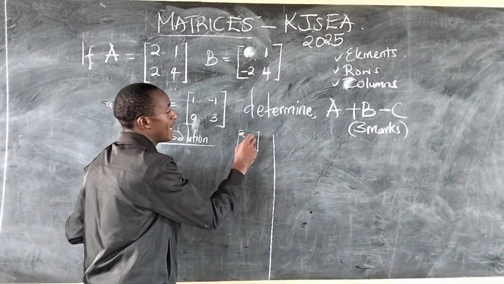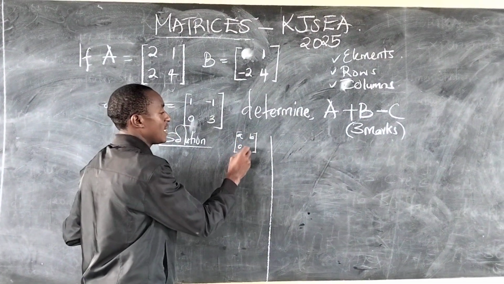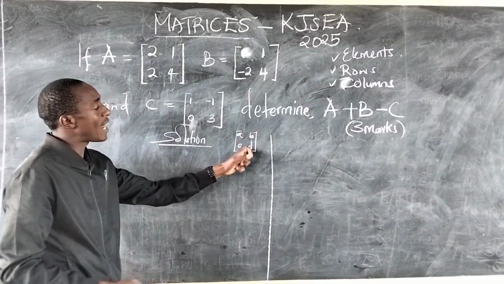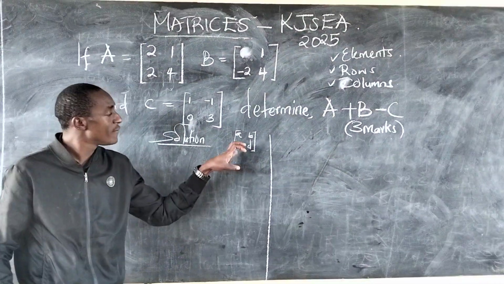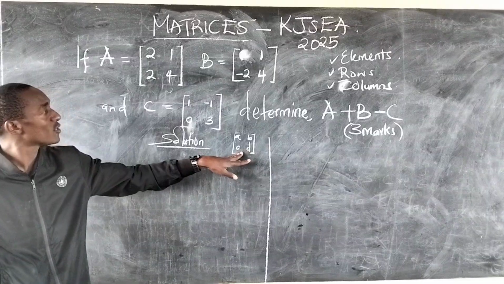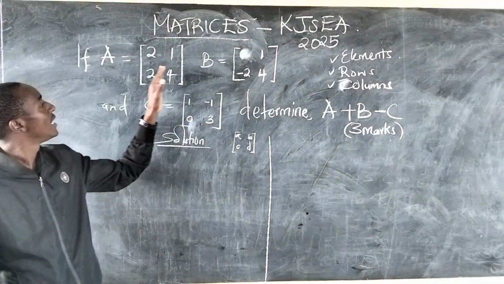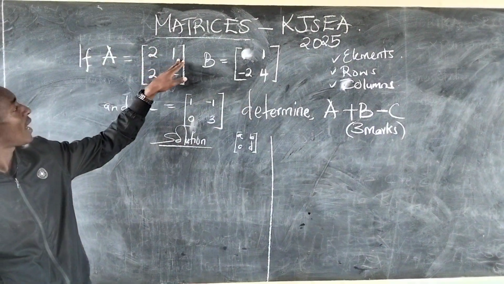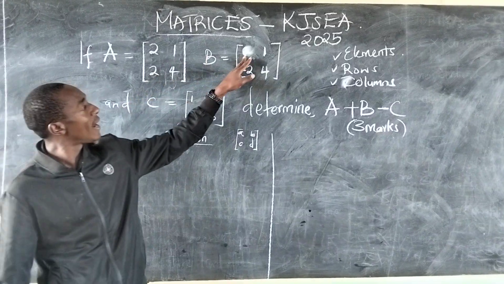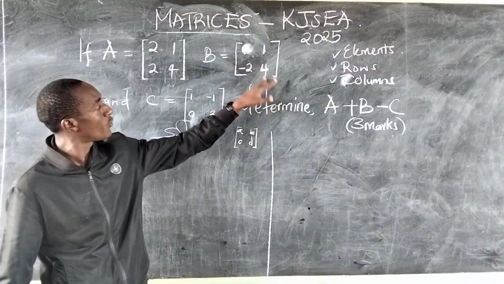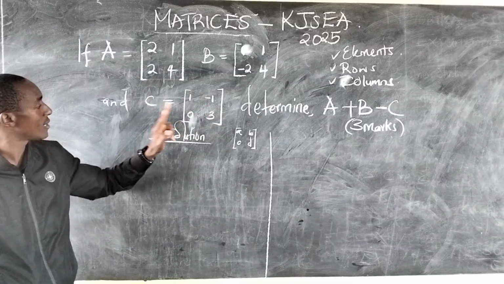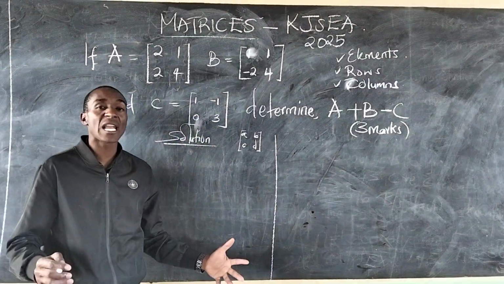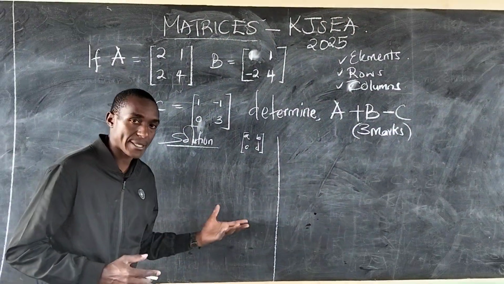I have A, B, C, and D. These are what we call the elements. If you relate these with the matrices that we have, we will say that 2, 1, 2, 4, 1, 1, -2, 4, 1, -1, 0, 3, all those are elements of these matrices.